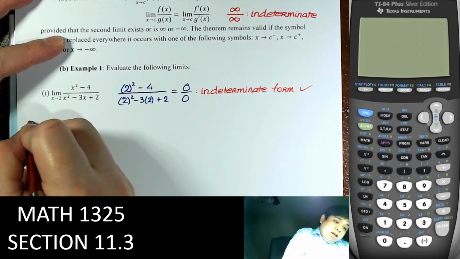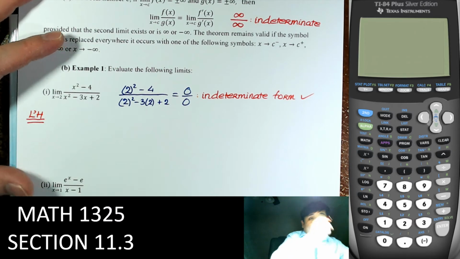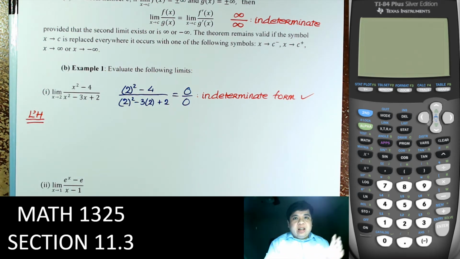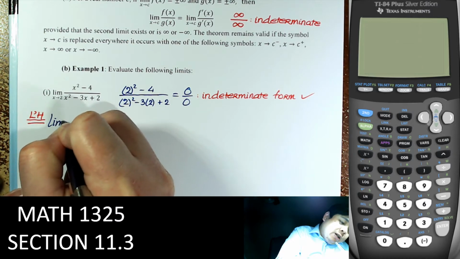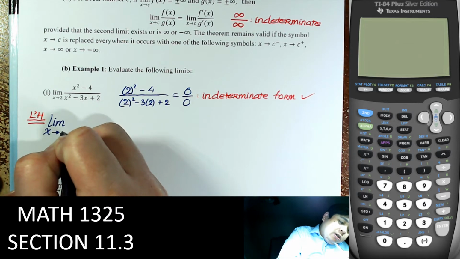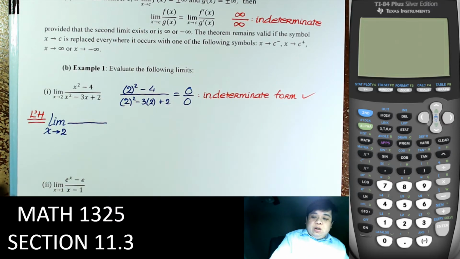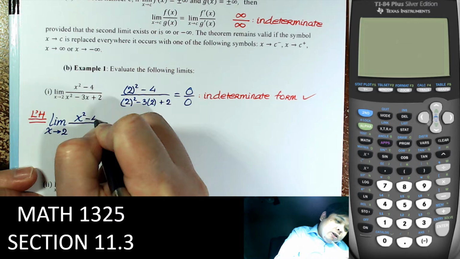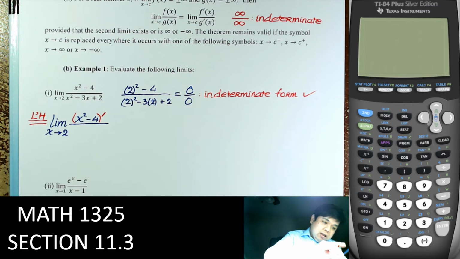So that means we can use the L'Hopital rule. Of course, back in the very first section, if both of them equal to 0, that means they share a common factor, and then we factor and then simplify them. We're not doing that here. What we do is we take derivative of the top over derivative of the bottom. For the first step, I'm going to just write out the top. I'll take derivative of that, and then the bottom.